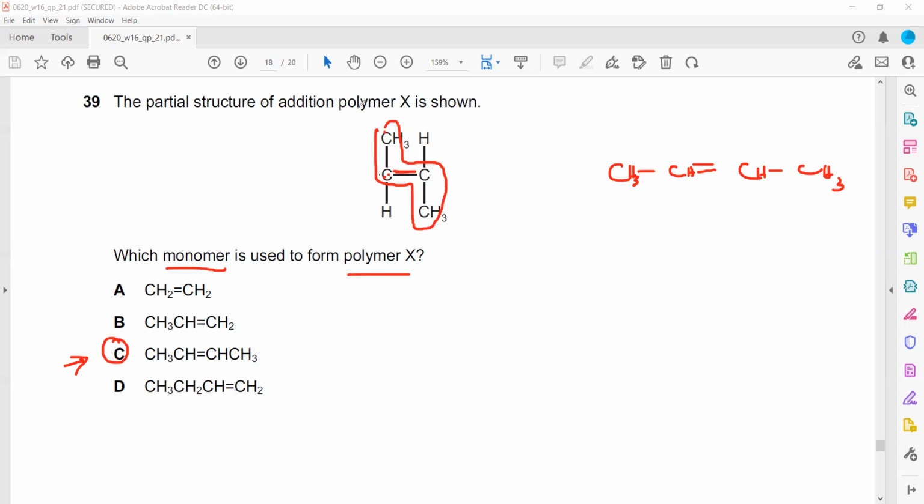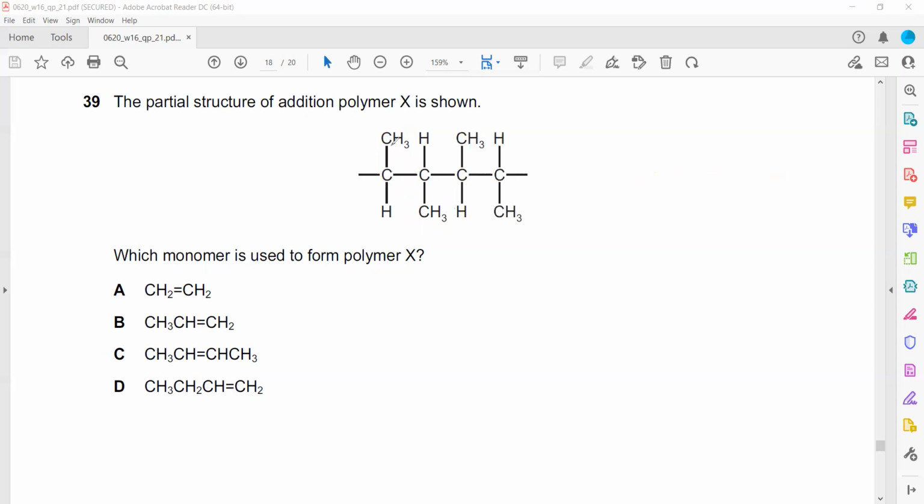Whenever we want to work out the monomer, this is always the way: select the first 2 carbon atoms, take out the structure of the first 2 from the addition polymer, and make a double bond between the 2 carbon atoms. So 1, 2, 3, 4 carbon atoms are there, and the second and third have a double bond. That's why C is the right answer.